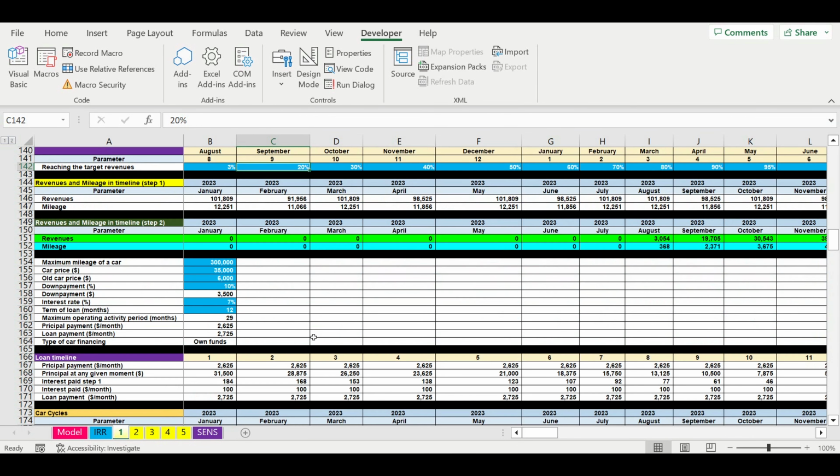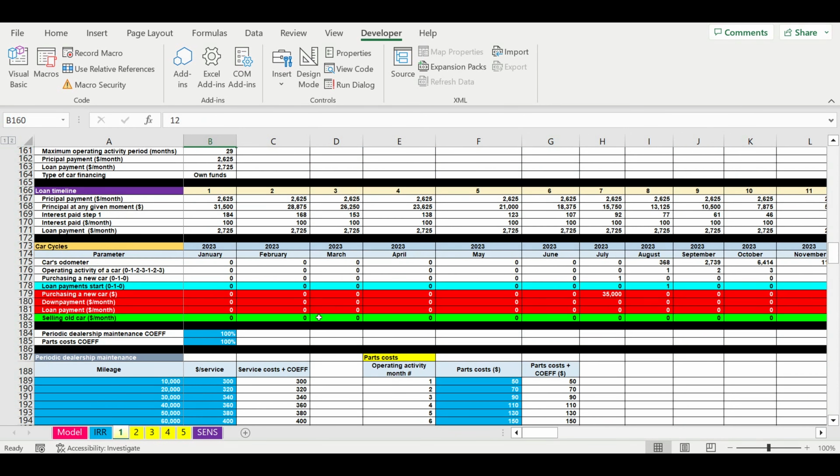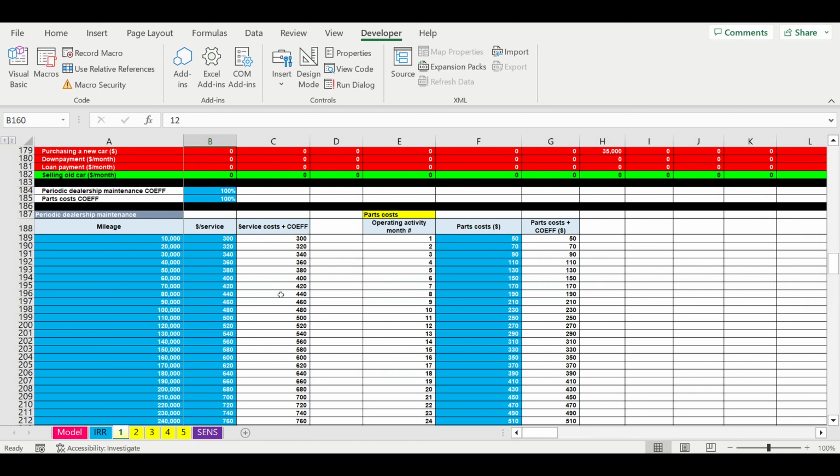Then we set up when we are selling an old car, with what mileage on the odometer, what is the price of new car, what is the price of old car with this mileage on the odometer, what is the down payment for the lease, what is the interest rate, what is the long-term lease term, what are the costs of dealership maintenance.